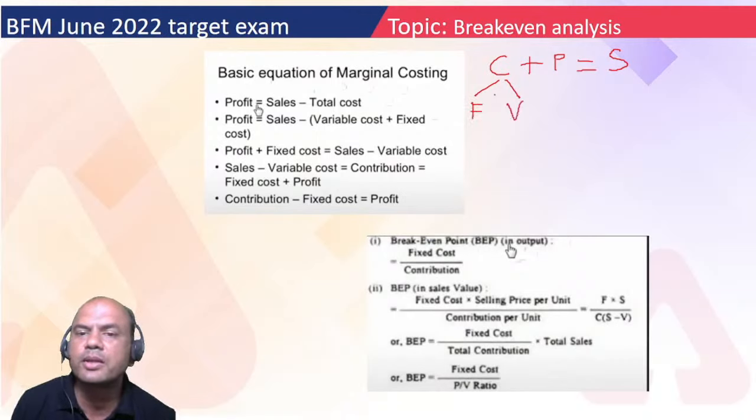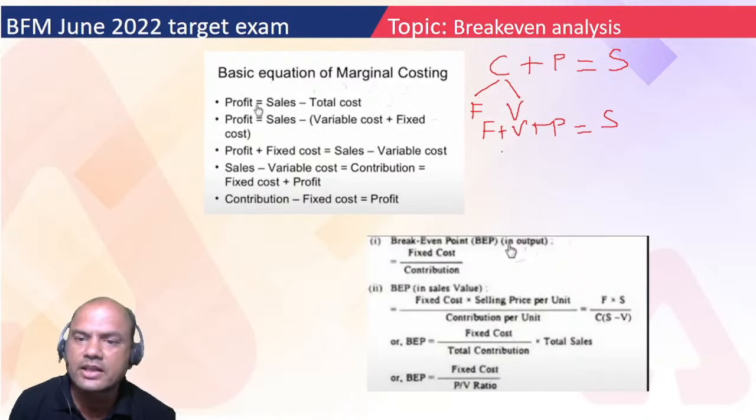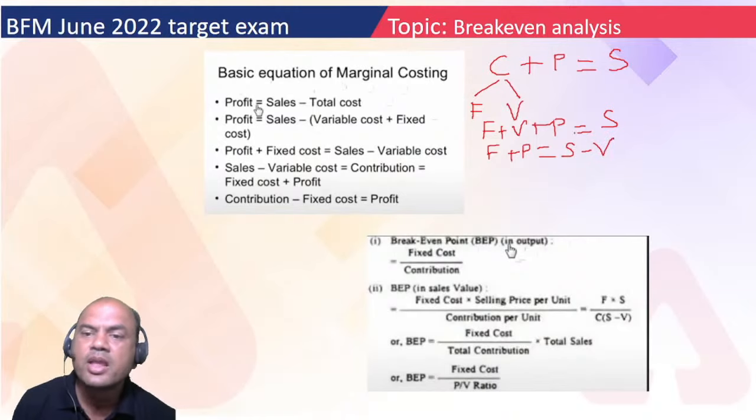So now the formula becomes F plus V plus P equals S, right? Now if I want to change, I'll take this V to the other side. So F plus P equals S minus V, okay? What was the definition of this? S is selling price, sales. V is variable cost.